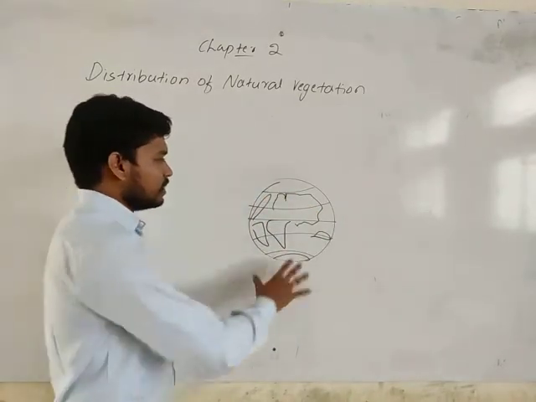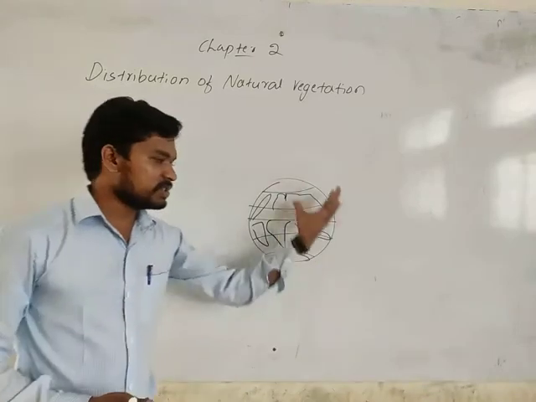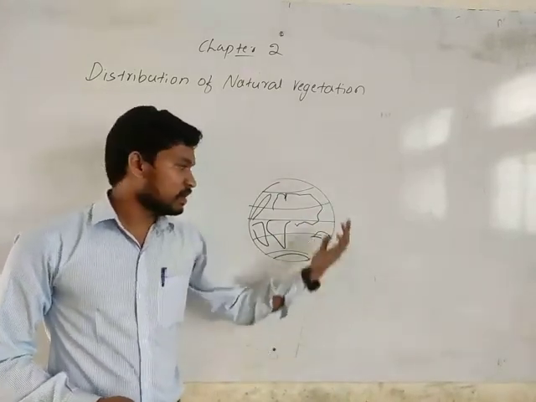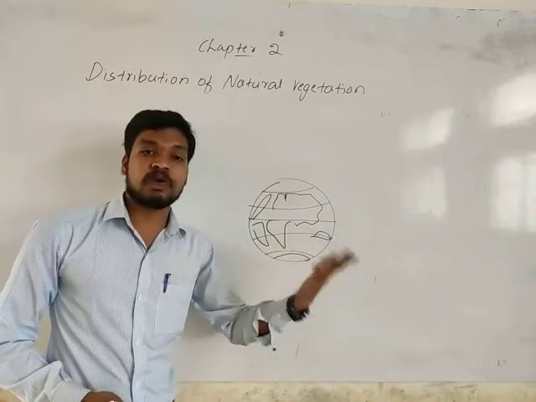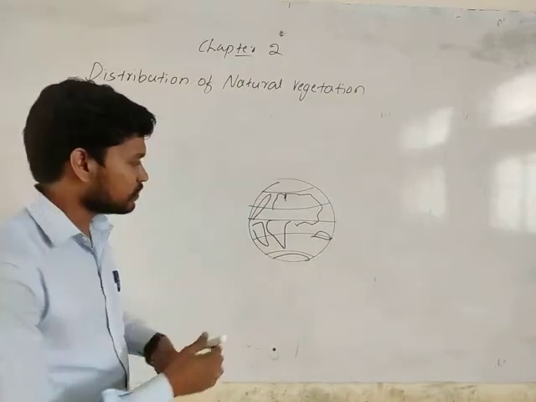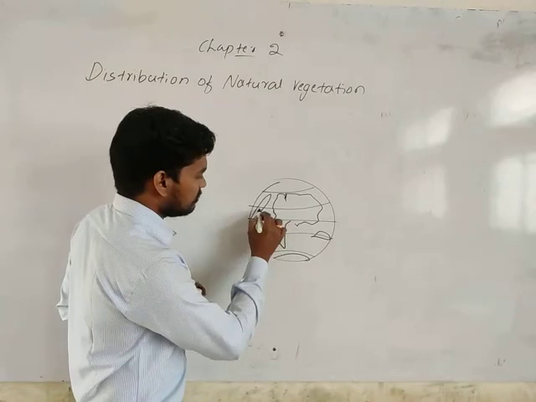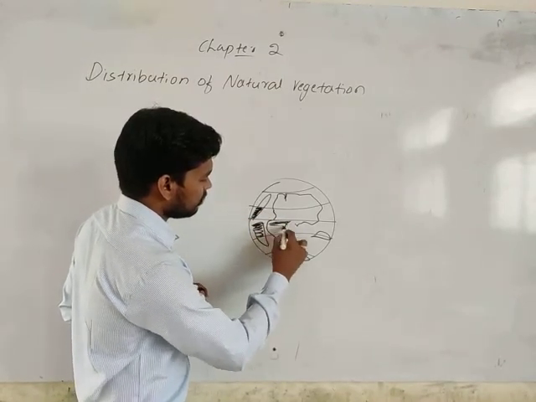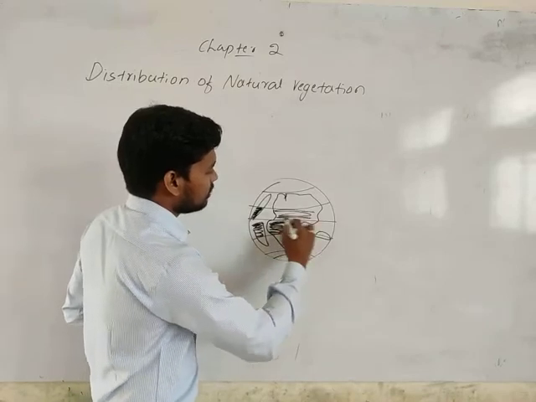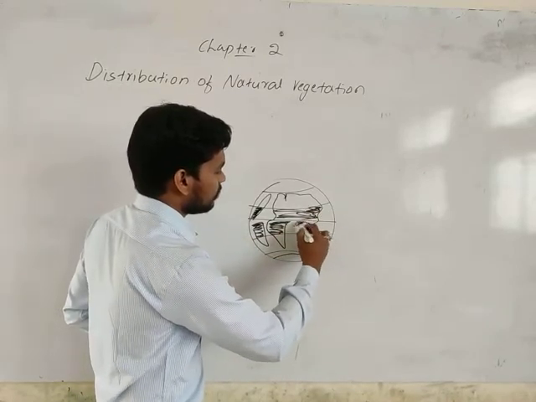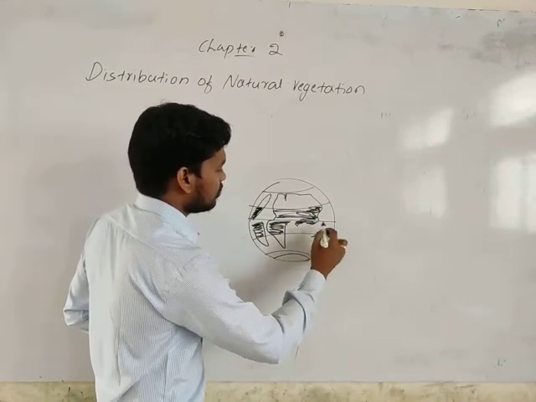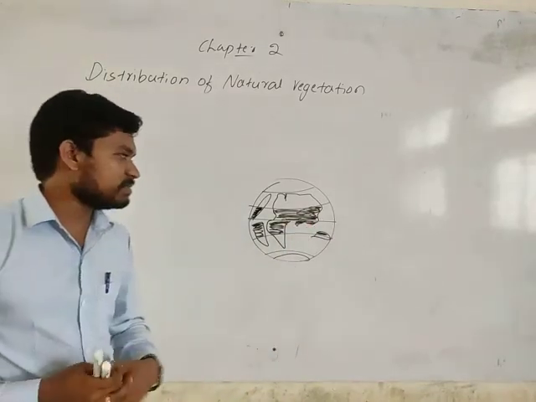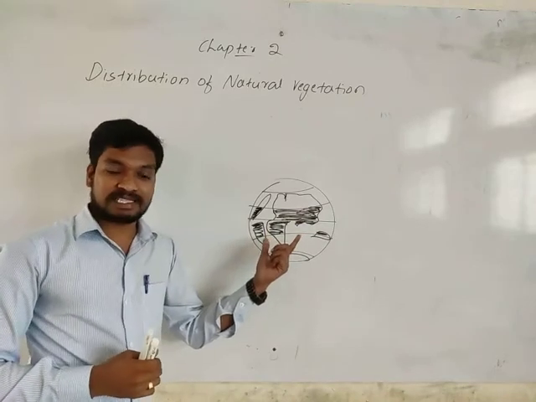Among these zones, divided according to the temperature they receive, which has more land mass? Yes, it's the temperate zone. In the temperate zone we have more land mass. So that's the reason.